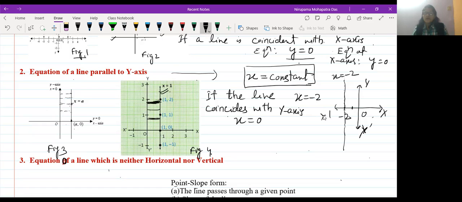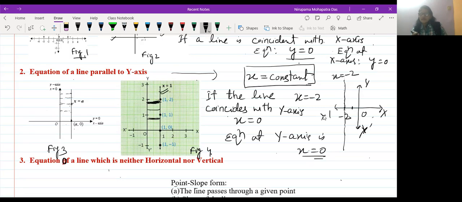Okay, so what can you conclude here? Your conclusion can be like this: the equation of the y-axis is x equal to 0. Similarly, the equation of the x-axis will be y equal to 0.